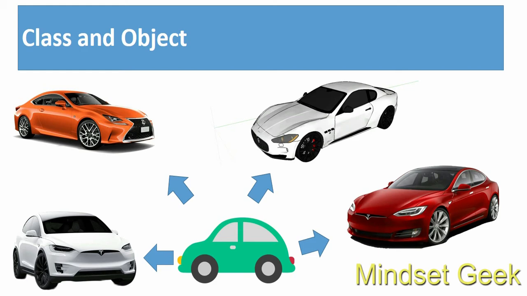Using that model, we create an object. If you take a car as a class, the different kinds of car types we can take as objects. This is the concept behind classes and objects in the real world.